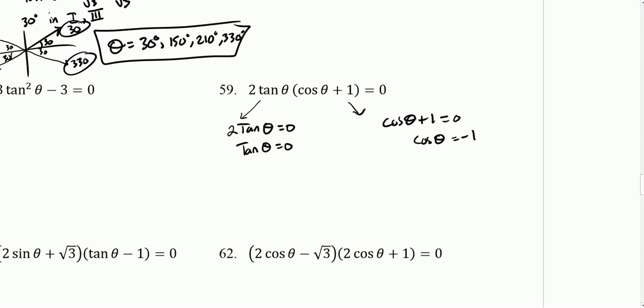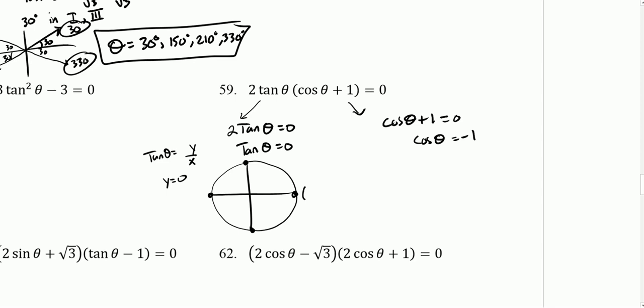So tangent is equal to 0, so we have y over x, remember, is tangent theta. And so that's letting us know on the unit circle our y coordinate is 0. So if we think about the unit circle, where you got those 4 points, which of those 4 points has a y value of 0? Well, we have 1, 0 at 0 degrees, and here is negative 1, 0 at 180 degrees.